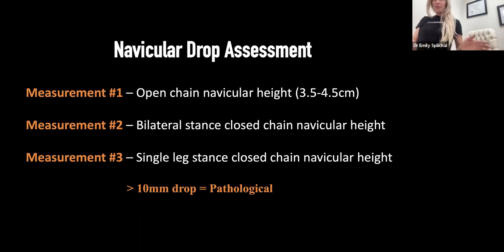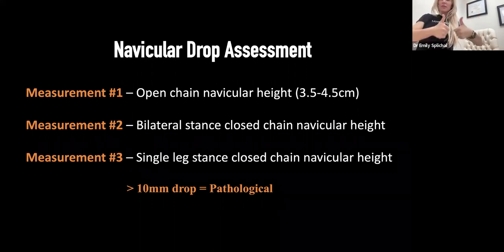Now we'll go into what does pathological even mean, right? But is considered pathological. Now, if you have the client go from two legs to one leg and they get a lift again in that navicular, that's good. That's what we want to see, okay? Because a single leg stance is an active foot position, okay?